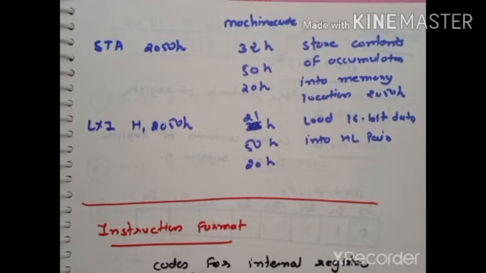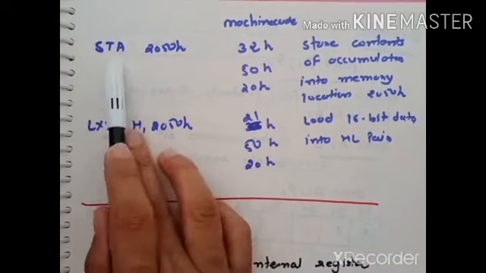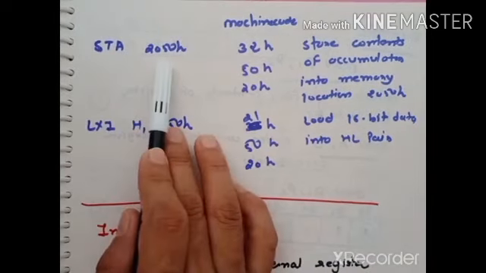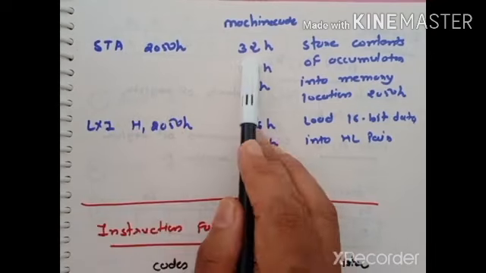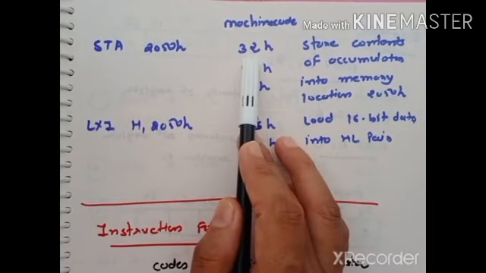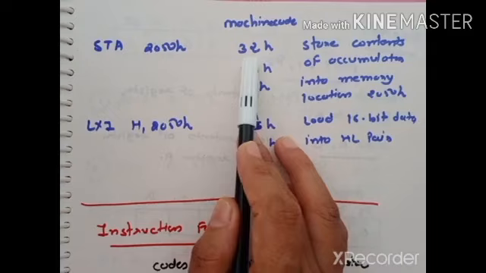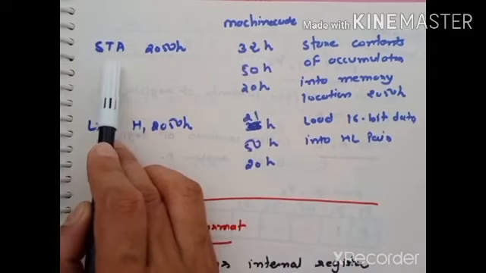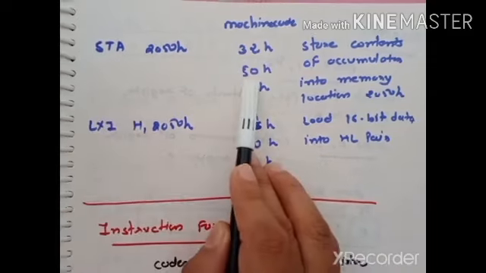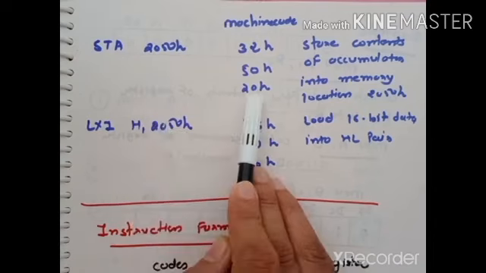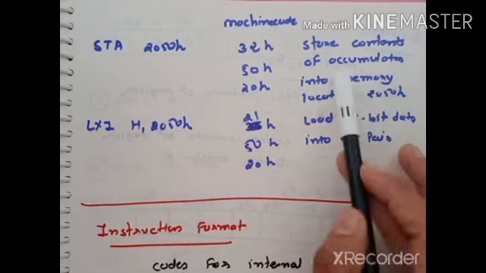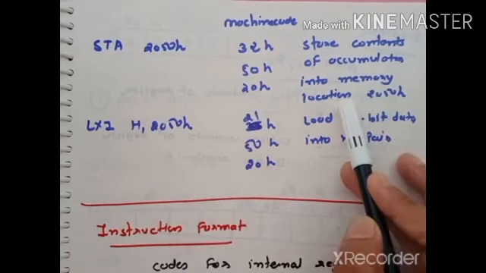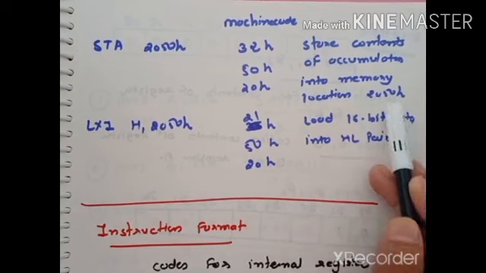Another example of a 3 byte instruction is STA 2050. In this, the first location stores 32H, which is the hex code of the STA instruction, then 50H and 20H. That means it stores the content of the accumulator into memory location 2050.